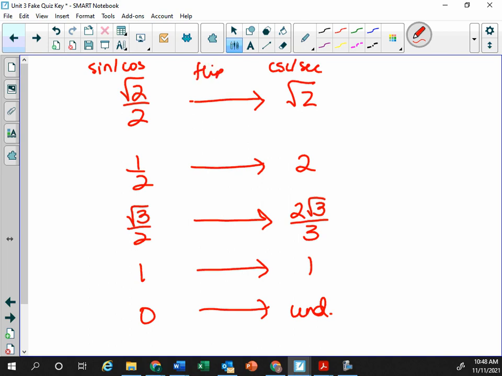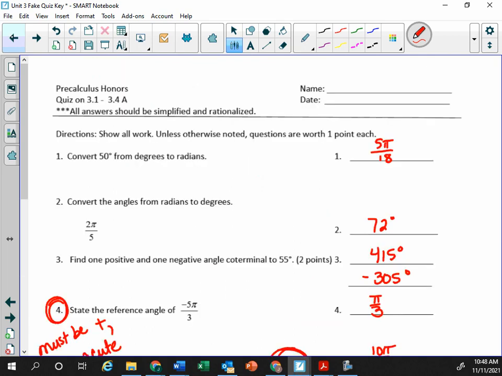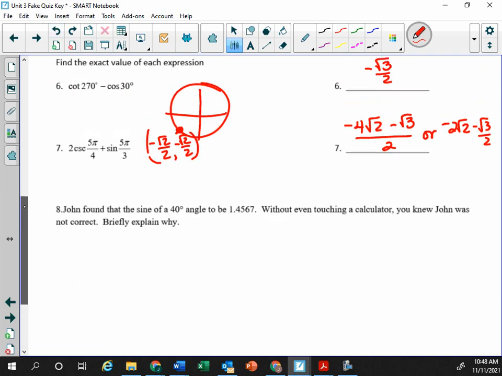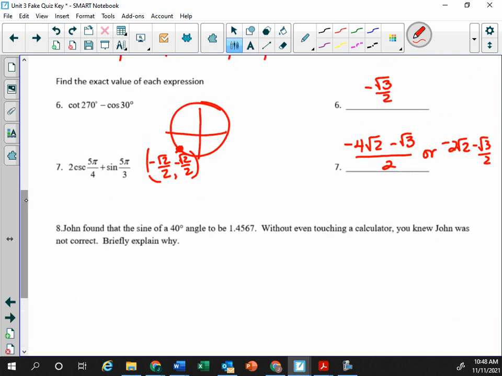Okay, let's finish number 7 now. Okay, so we've got 2, and then we know now if I flip negative root 2 over 2, it's just negative root 2. Then sine of 5 pi over 3, so you go, okay, 2 pi, 4 pi, that's right here.